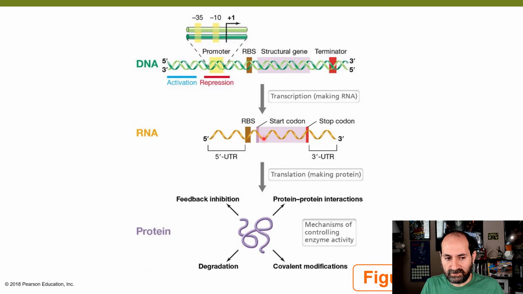And then every 3 nucleotides, every codon will be translated from RNA to protein until the stop codon. Remember the stop codons? You could have any one of 3 stop codons, UAA, UGA, UAG, and at that point you terminate translation. You have finished making a protein, finished.